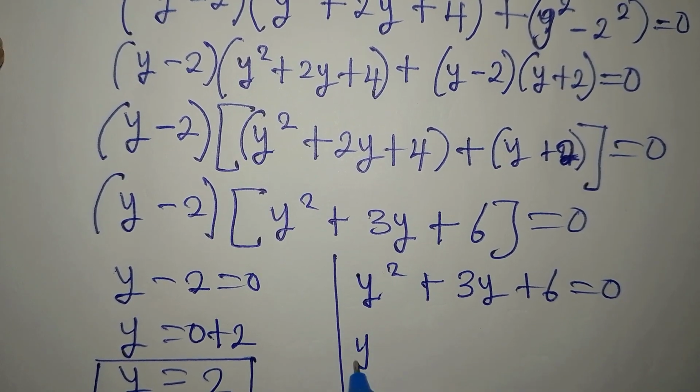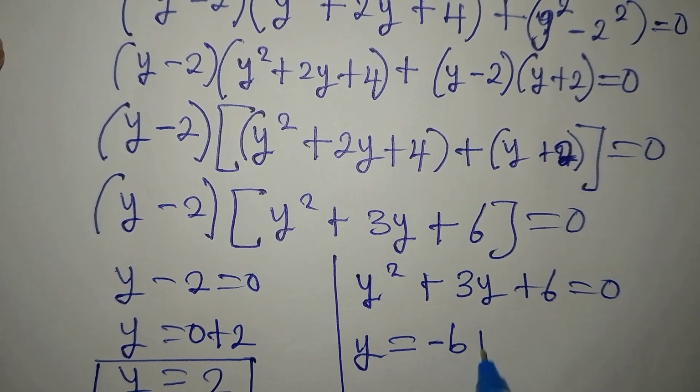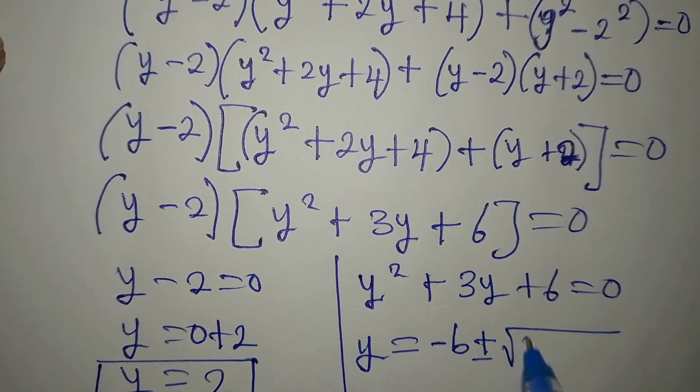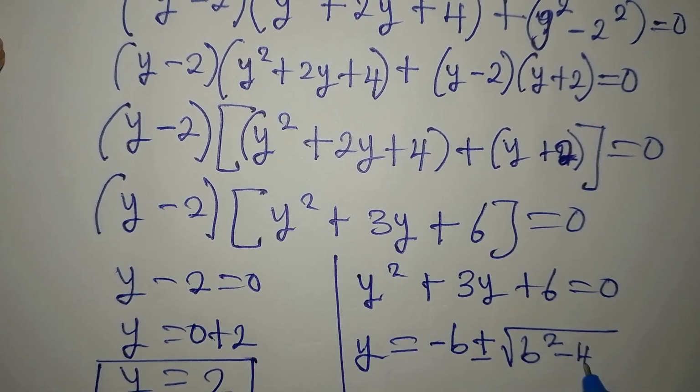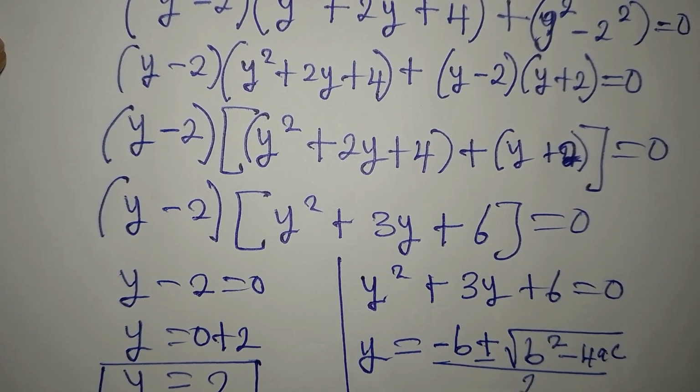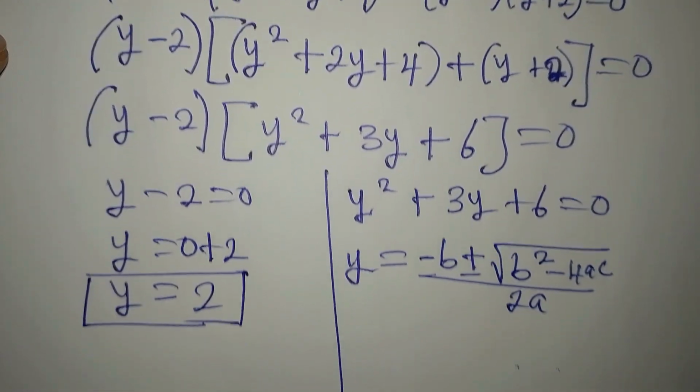The formula is y equals minus b plus or minus square root of b squared minus 4ac, everything over 2 times a.